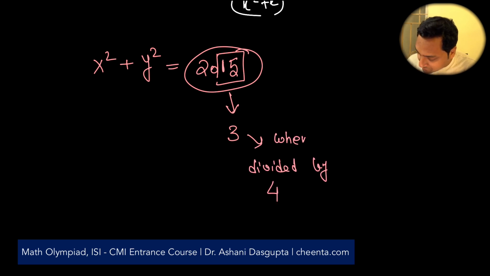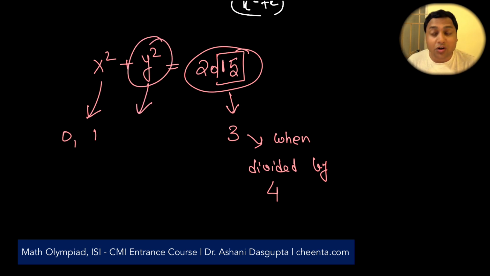Now let's look at the two square quantities on the left hand side. X squared can produce either 0 or 1 as remainder when divided by 4. We just saw it. Any square number produces 0 or 1 as remainder when divided by 4. And y squared produces 0 or 1 as remainder when divided by 4.